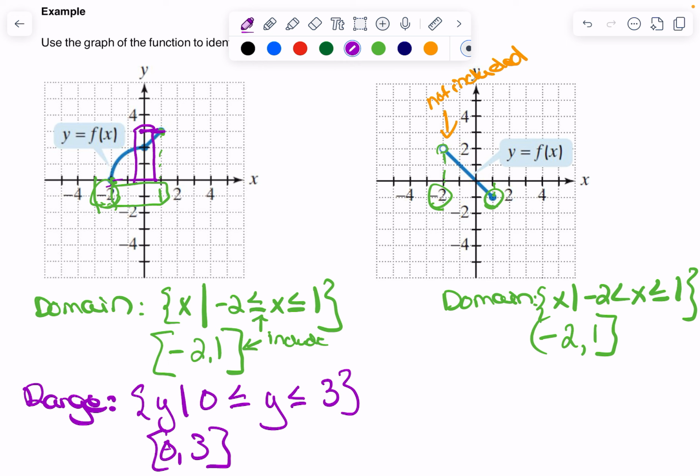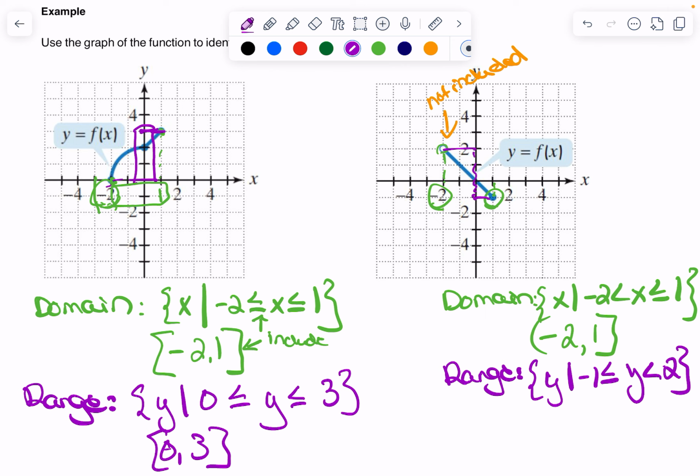For the range, again, y is such that, and y is going to be 2 to -1 right here. So we start with -1 is less than or equal to, because the -1 is included, y is less than 2, no equal.